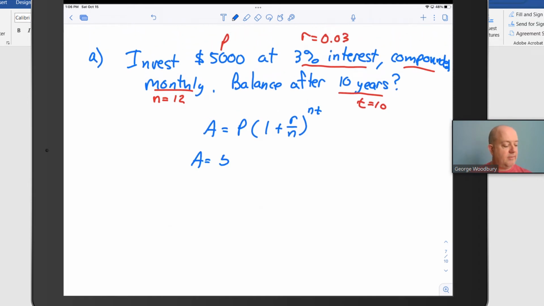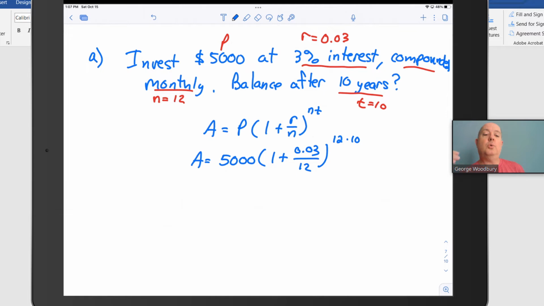I'm putting in 5,000 for P, 1 plus 0.03 for R divided by 12 for N, raised to the 12 times 10 power. N was 12 and, I'm sorry, t was 10.